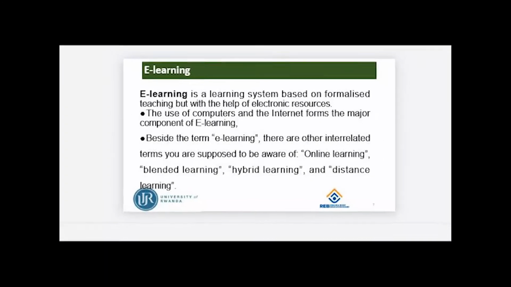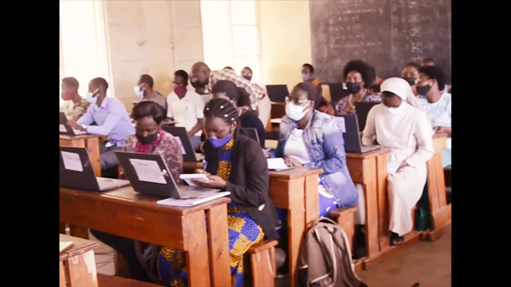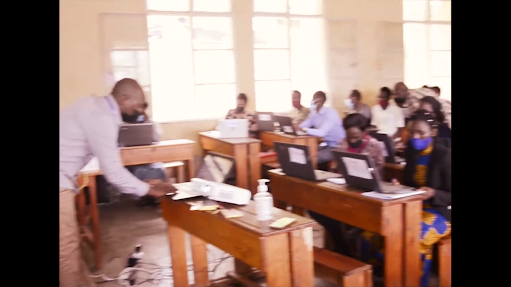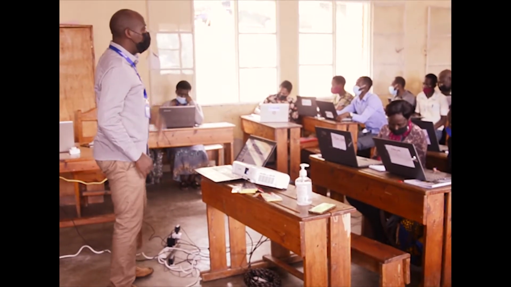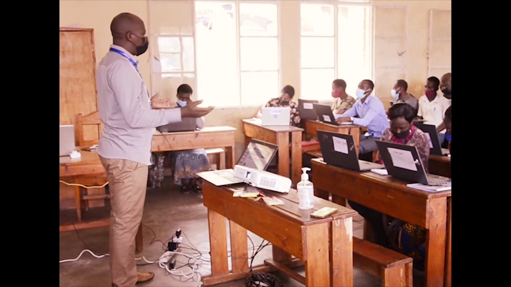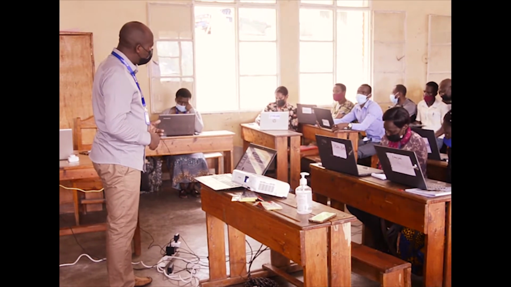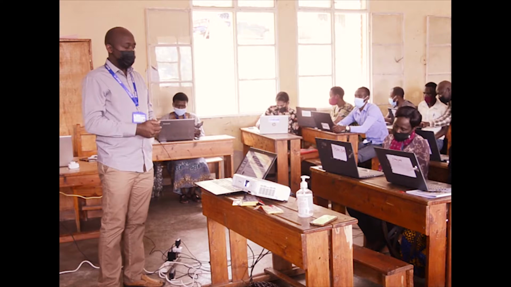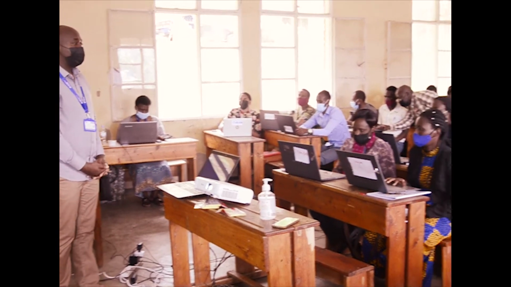He noted that beside e-learning, there are other interrelated terms such as online learning, blended learning, hybrid learning, and distance learning. Trainees were briefed on the difference and the relationship between these concepts and navigated through the REB e-learning platform.